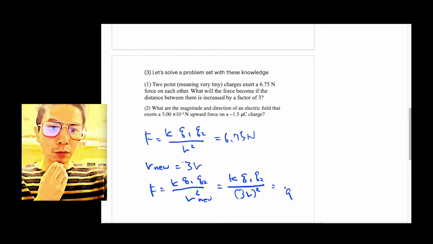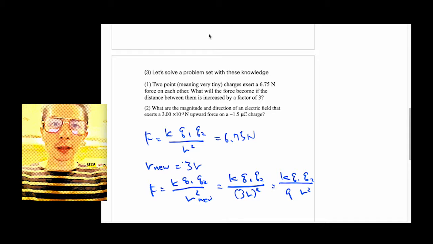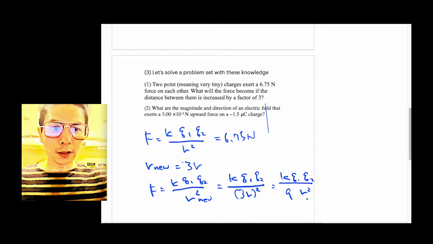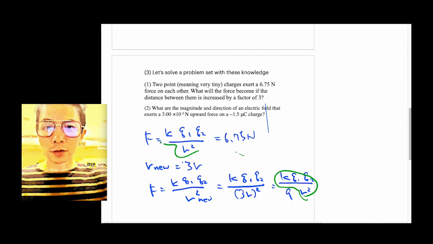And if you realize, this part is exactly the same as this one.